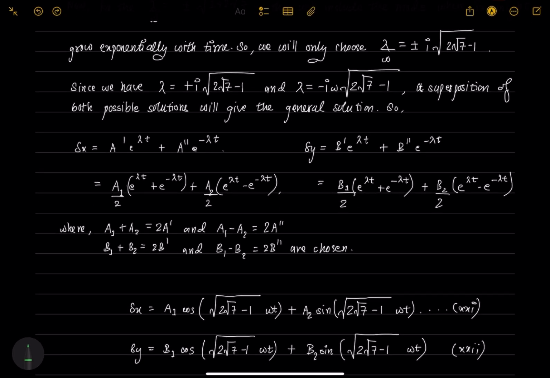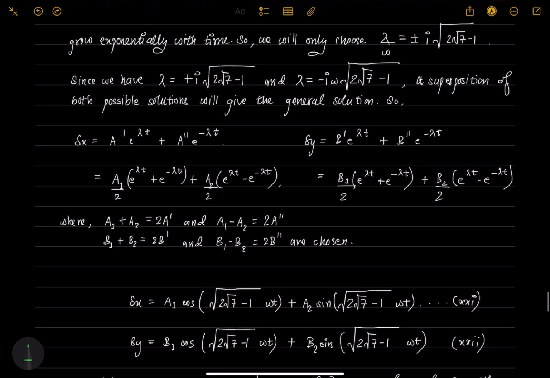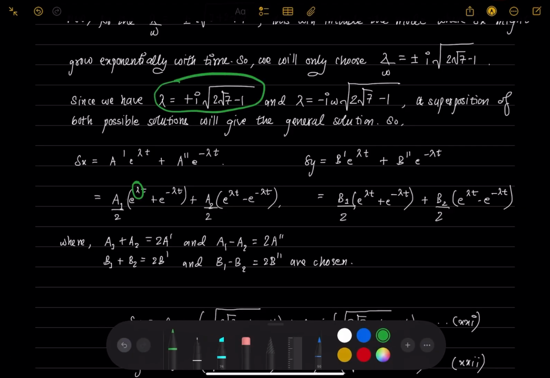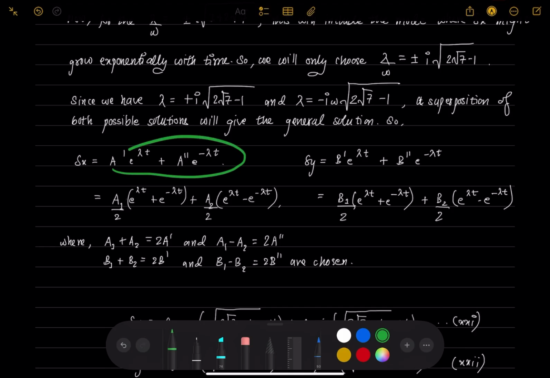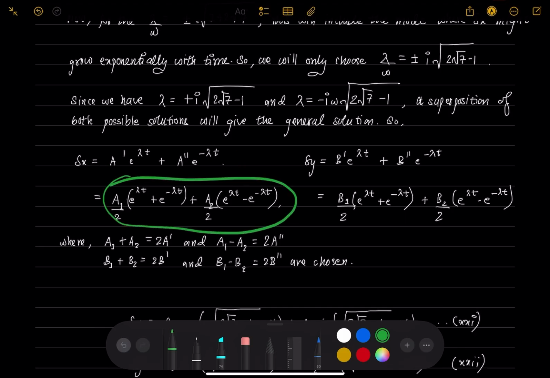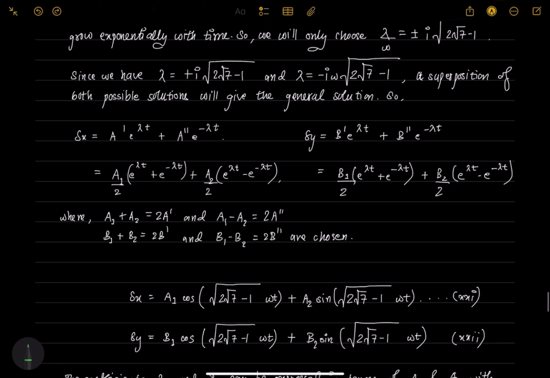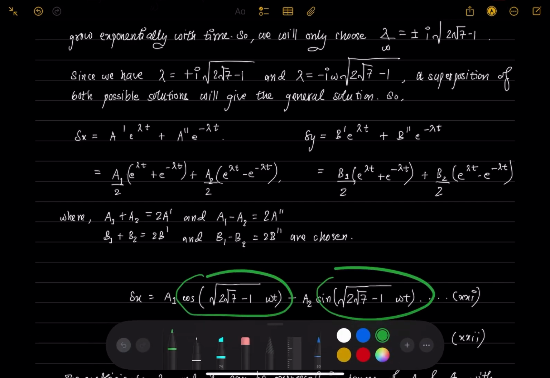So let's try to write everything in terms of sines and cosines, right? Lambda is inclined more towards the imaginary part. So if we are able to write this like this, then e to the i omega t plus e to the negative i omega t, whole over 2, is going to give cosines and sines by Euler's formula, right?